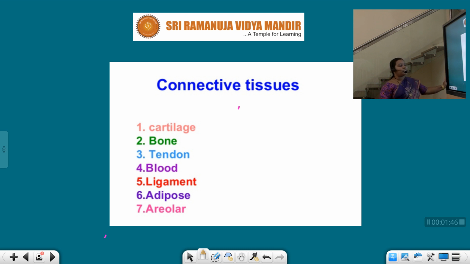What are the different types of connective tissue, students? Cartilage, bone, tendon, ligament, adipose, areolar. These are the different types of connective tissue present in our human body.